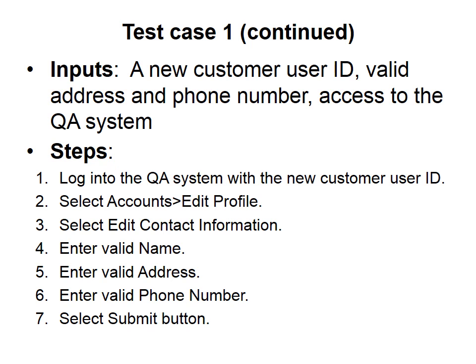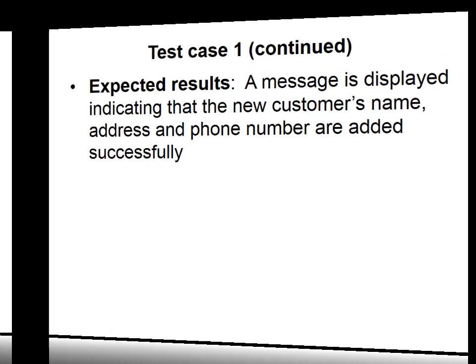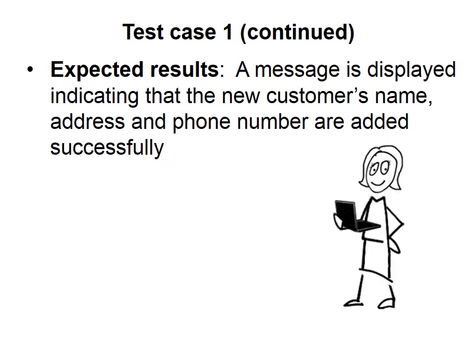Then the tester can follow the detailed steps to execute the test case. We need the expected results indicated so that the tester knows whether the test case passed or not.